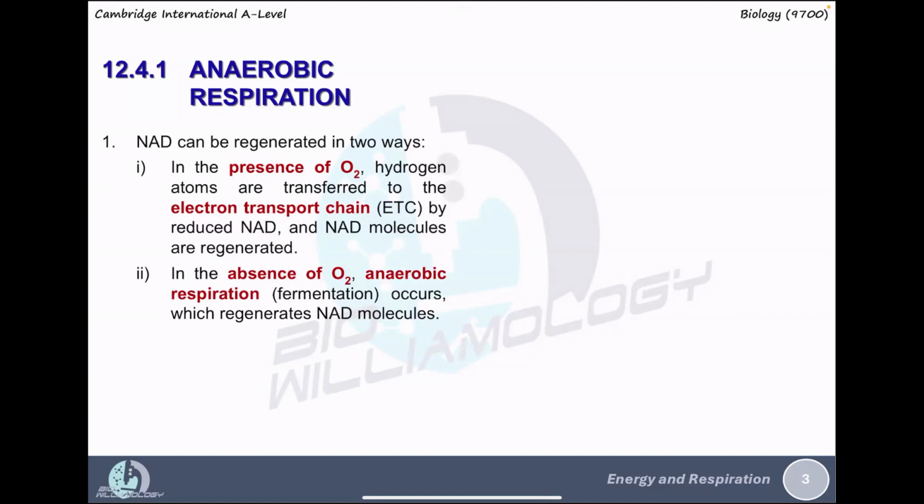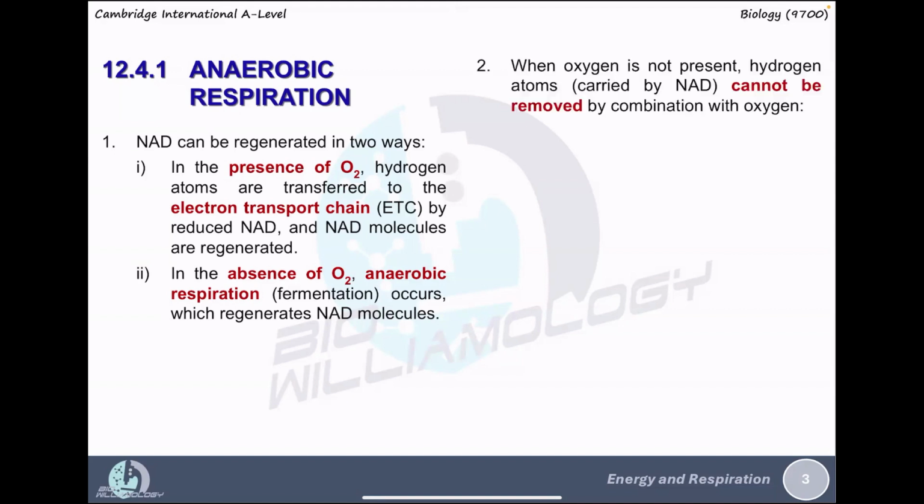However, in the absence of O2, anaerobic respiration occurs, which can help to regenerate NAD molecules. When oxygen is not present, hydrogen atoms carried by NAD cannot be removed by combination with oxygen.